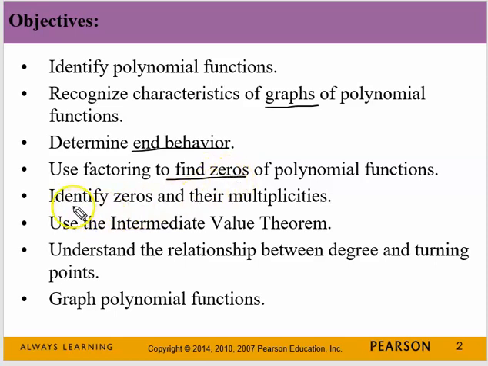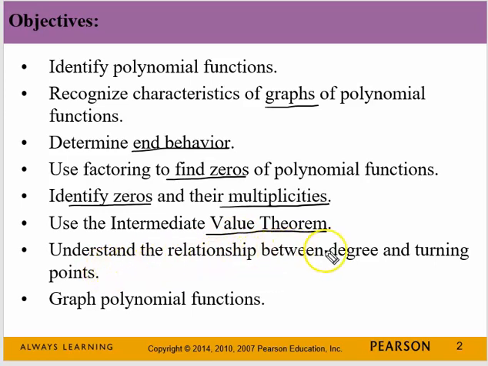And we will identify zeros and their multiplicities. Now, what does that mean? Again, we're going to go over that, but that's one of our background words. Use the intermediate value theorem. Again, something you'd want to know.